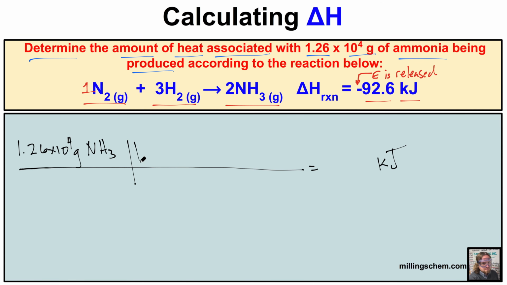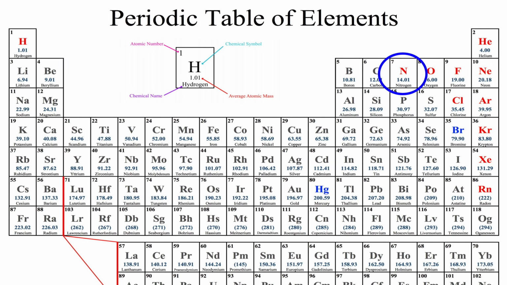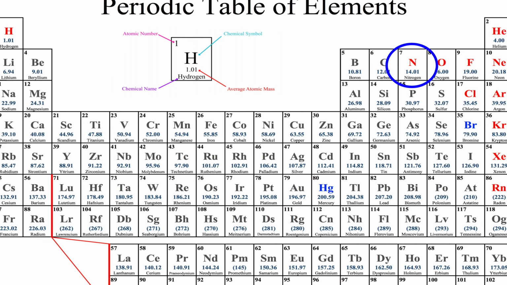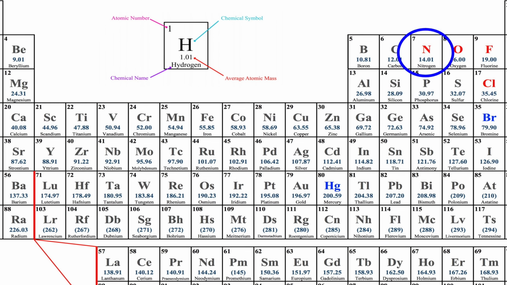We know that 1 mole of ammonia, or NH3, is 17.04 grams of NH3. If you're wondering where we got this 17.04 from, that's the molar mass of ammonia. We took nitrogen's molar mass from the periodic table, which is 14.01 grams per mole.